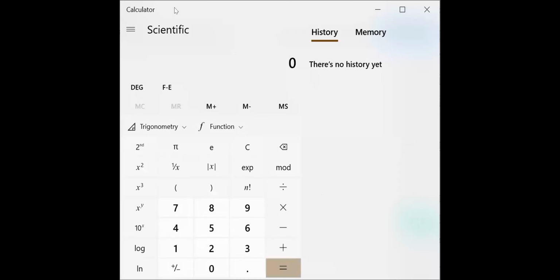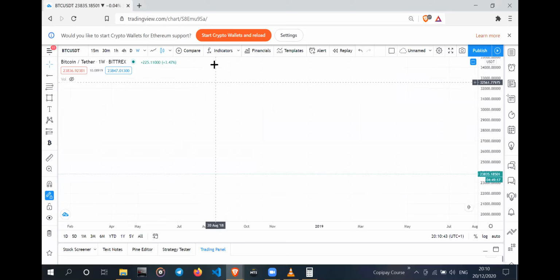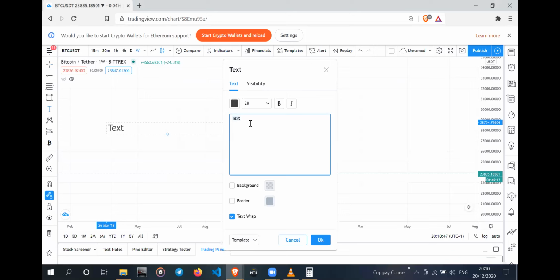Yeah. So let's see. Let's say over here you're risking $200 on a trade, and your aim is to get $2,000.